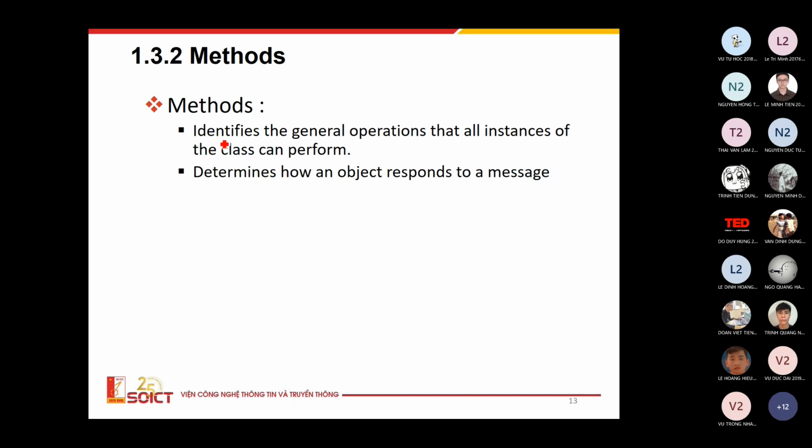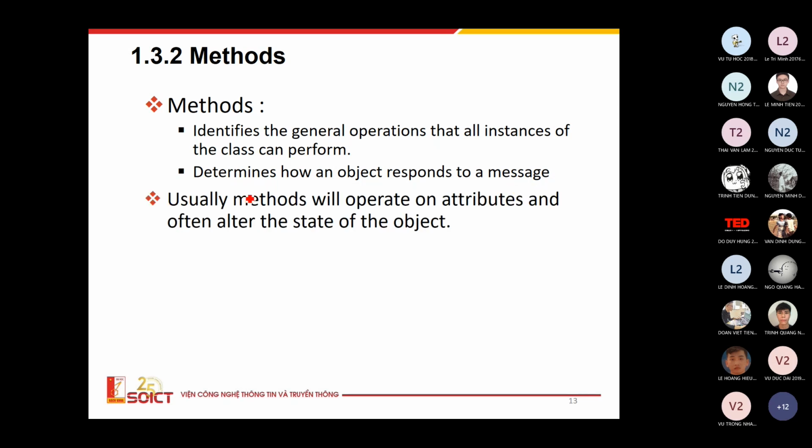The method will identify the general operation that all instances of the class can perform. And it determines how an object responds to a message. And usually the method will operate on attributes and often change the state of the object. And remember, any method must belong to a class.